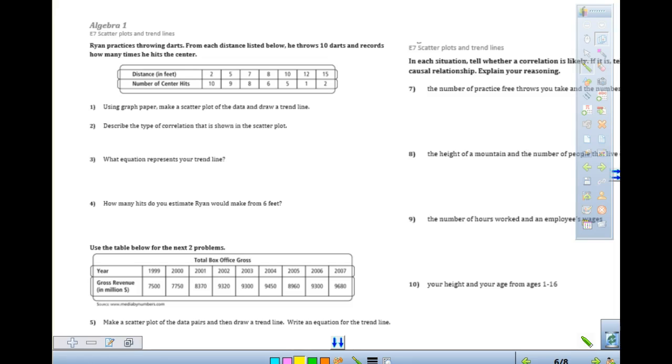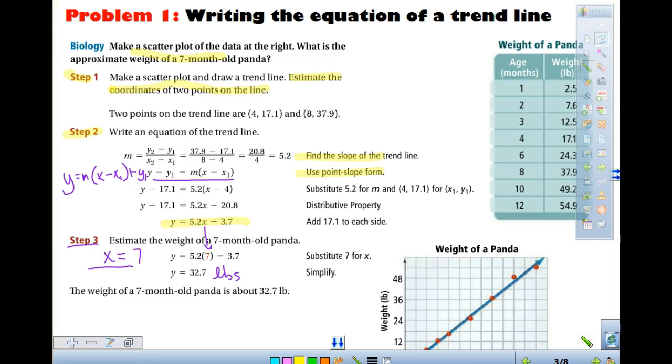Because here, it asks you to describe the correlation and it just asks you to write the equation. This equation in number 3 is in slope-intercept. All of this work will be on your graph paper. So you're like, I don't get what work you're talking about. I am talking about all of step 1 through 3. That's what I need on the graph paper.